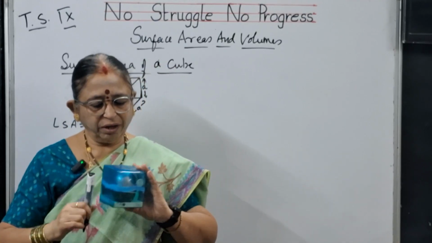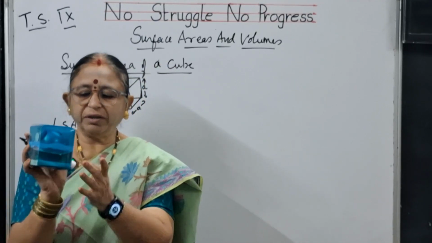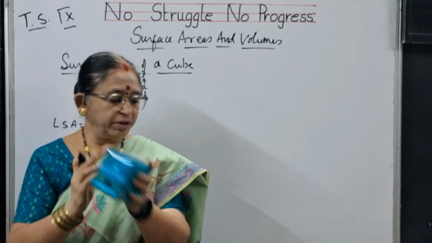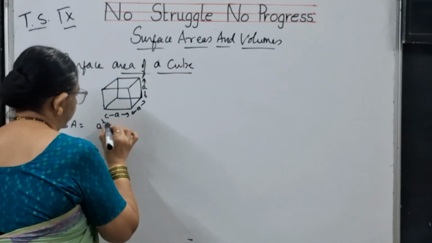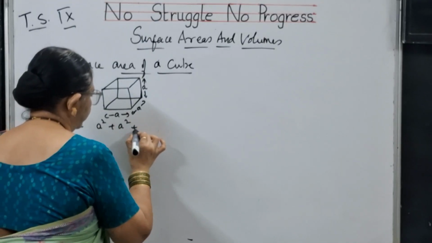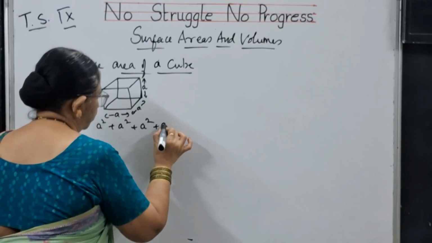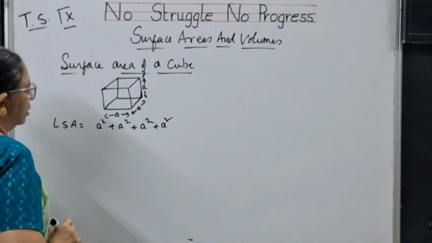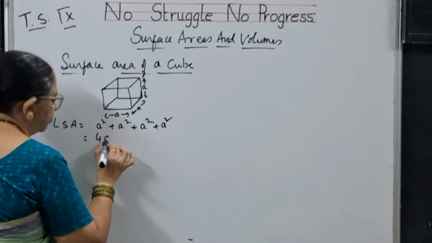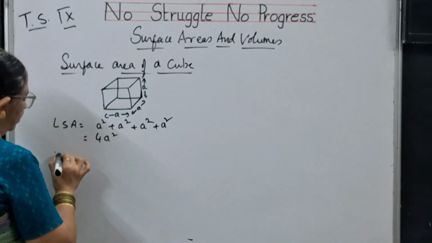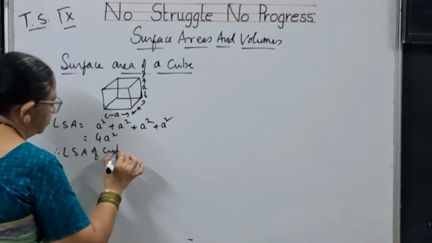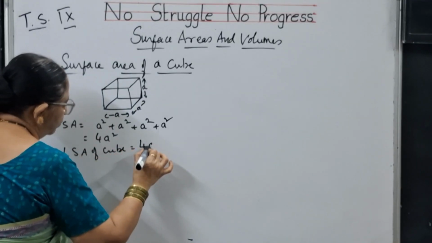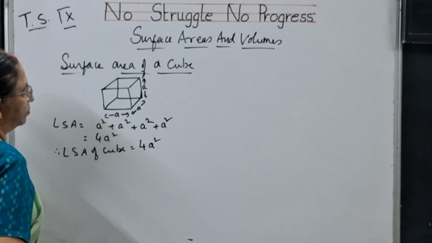So A square plus A square plus A square plus A square, four surfaces are there, each side you are talking about. This is nothing but 4A square. LSA of cube is equal to 4A square.